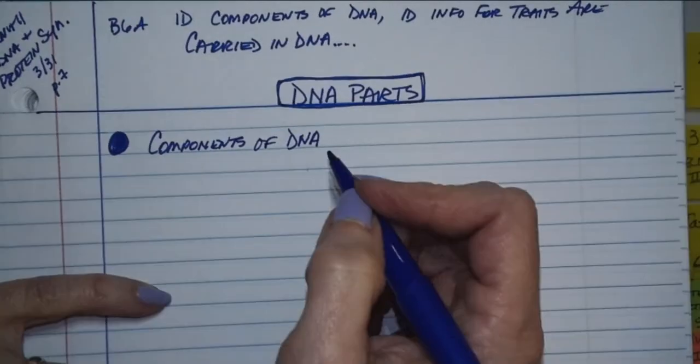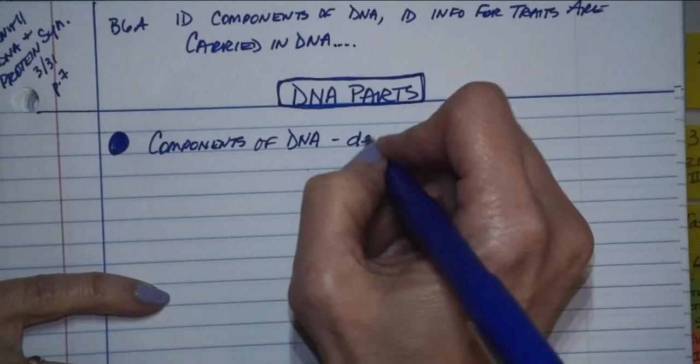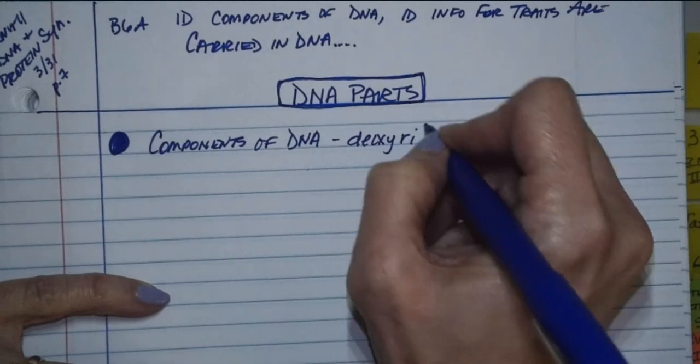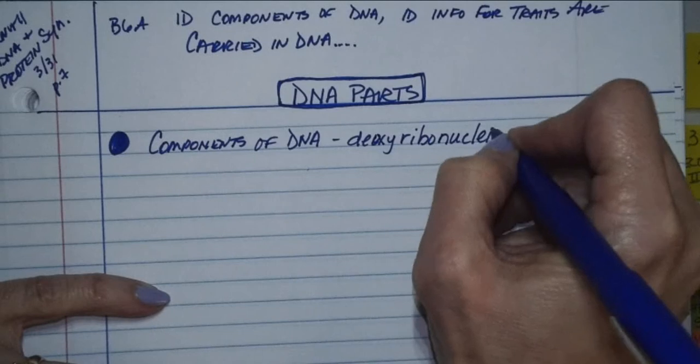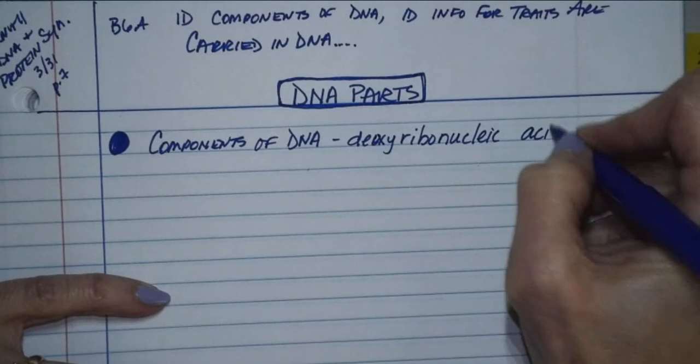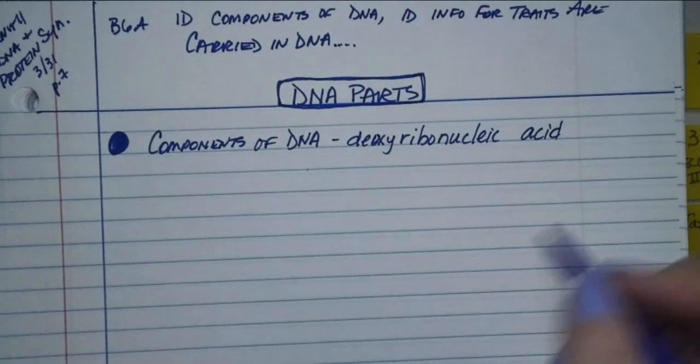Okay, that's pretty good. Deoxyribonucleic, that's all one word, and then acid. Deoxyribonucleic acid. And remember RNA, if I cover up the deoxy, there's RNA, ribonucleic acid.